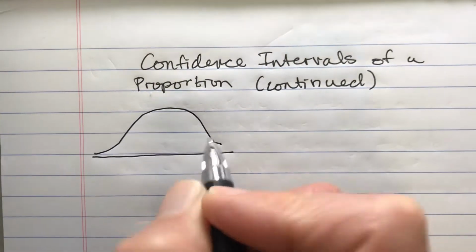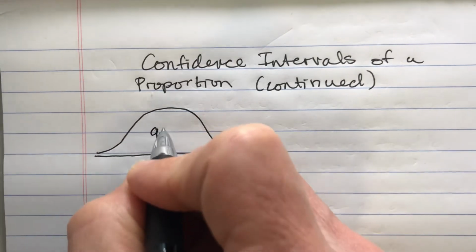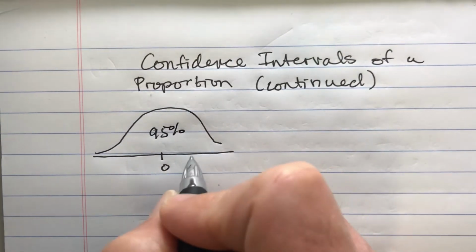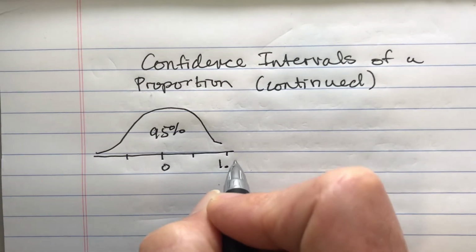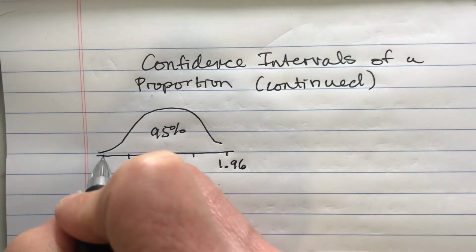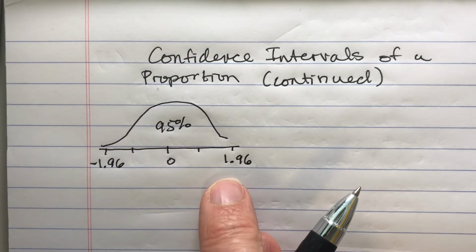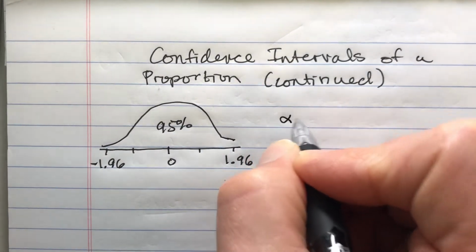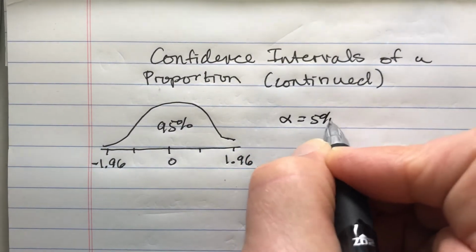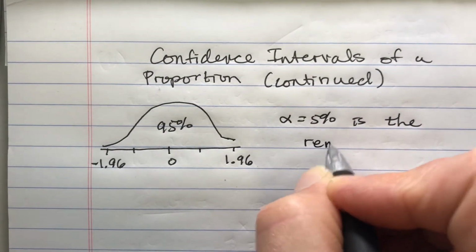I'm going to draw a picture here where I'm using this empirical rule idea, but in fact, the empirical rule is an estimate, and in fact it's not 2 standard deviations, it's 1.96. Alpha is equal to 5% is the remaining area.